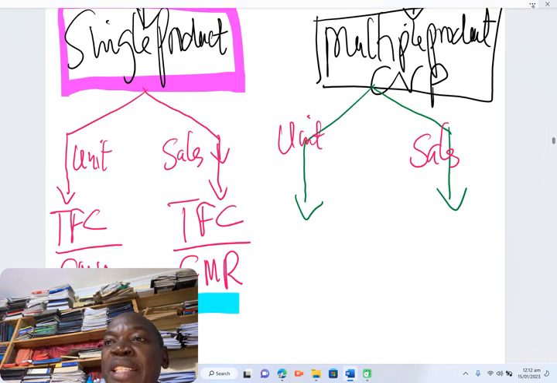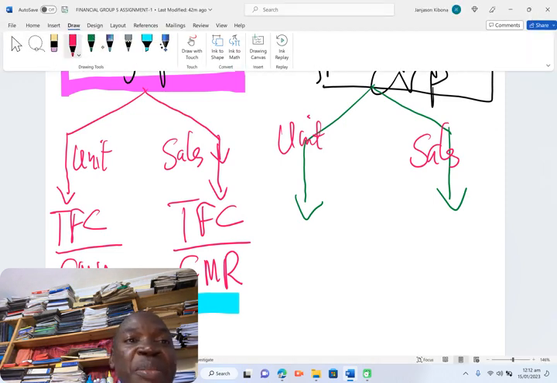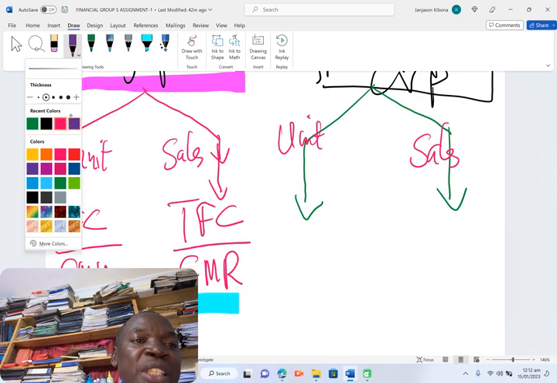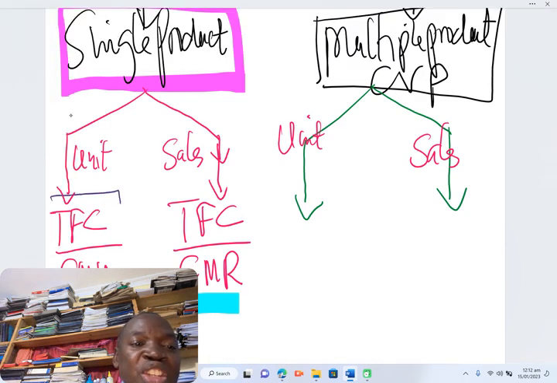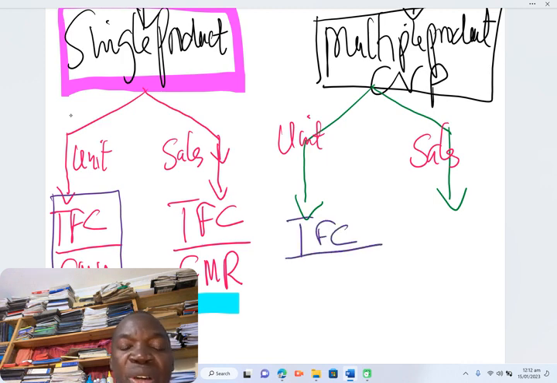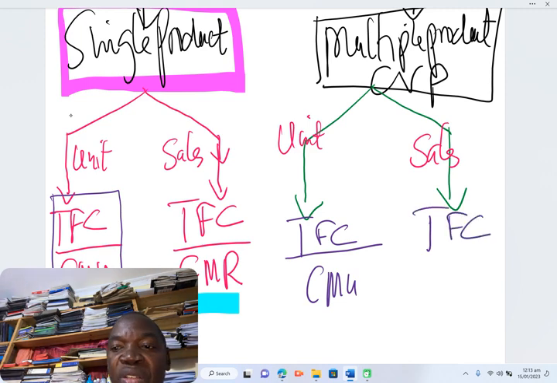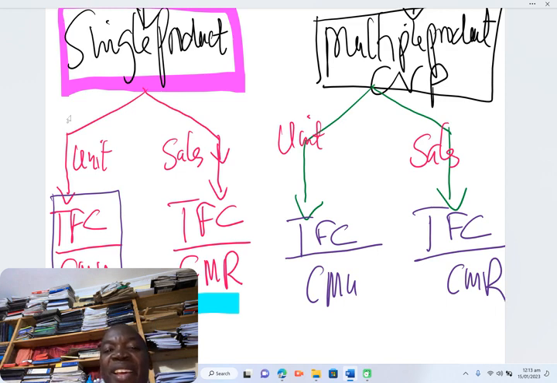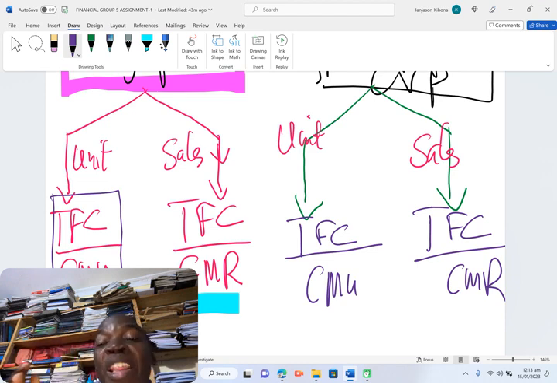First of all, in order to understand the formula for multiple product CVP analysis, you should think simply. You write total fixed cost over contribution margin per unit. Again here, you write total fixed cost over CMR. Now, what makes the difference is a weight fraction, because if you have more than one product, you should have a weight by unit or weight by sales.